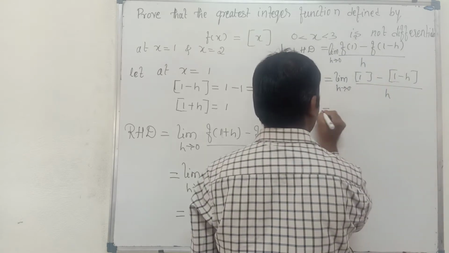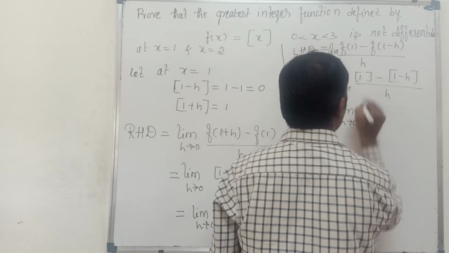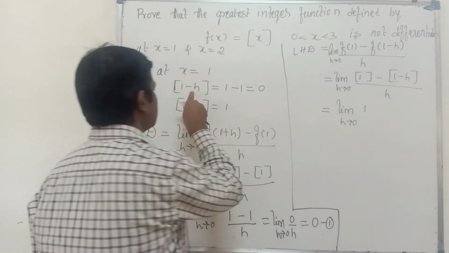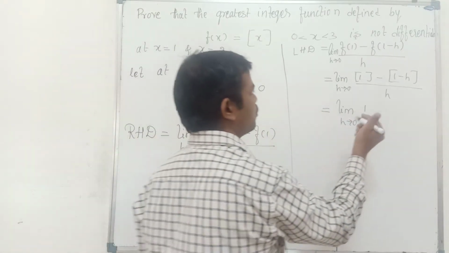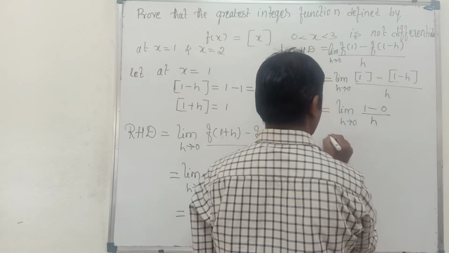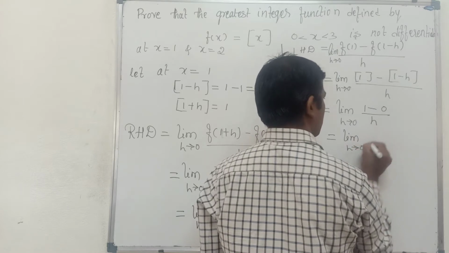So it is equal to the limit as h tends to 0. The greatest integer of 1 is 1, and 1 minus h gives 0, so 1 minus 0 divided by h. That is the limit as h tends to 0 of 1 by h.